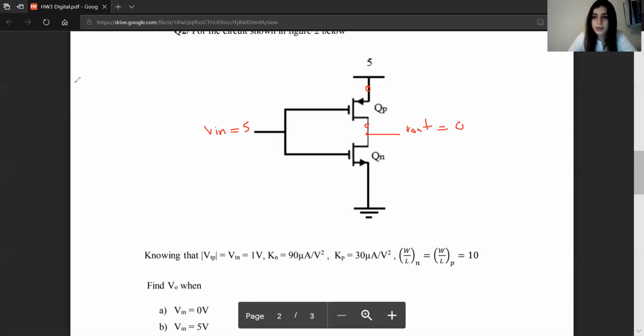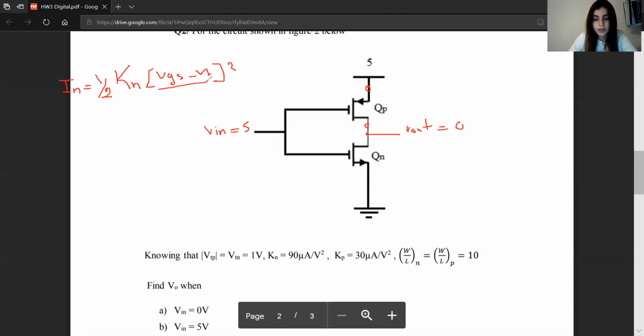So let's assume that this NMOS is operating in the saturation region. So I of the NMOS in saturation equals half K of N times V gate source minus V threshold, squared.